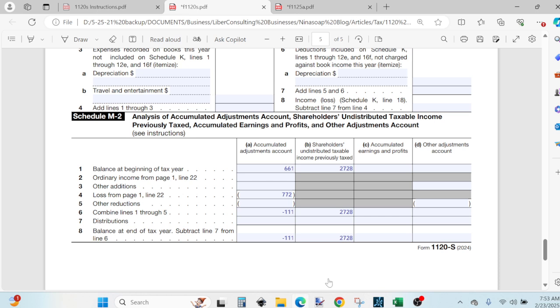And I think that is just those two that we should be completing based on the business model. But again, you can read the instructions to see if you need to complete the C and the D portion, and it just allows you to track the accumulated profit that is not distributed to the partners over the years.